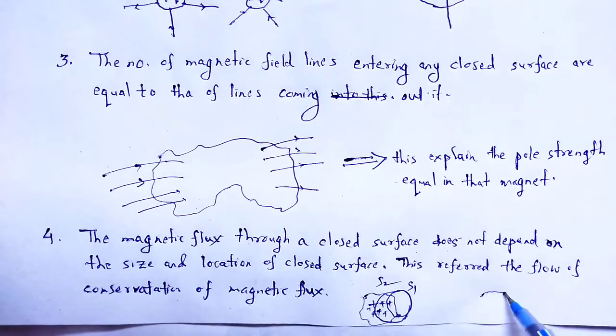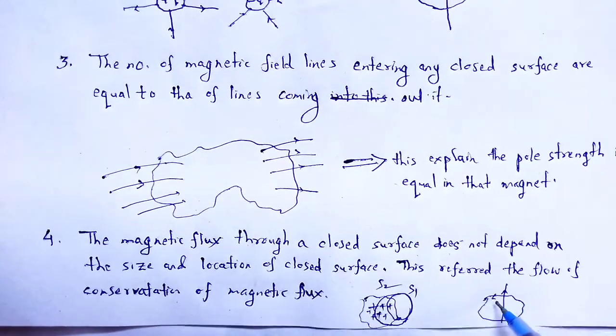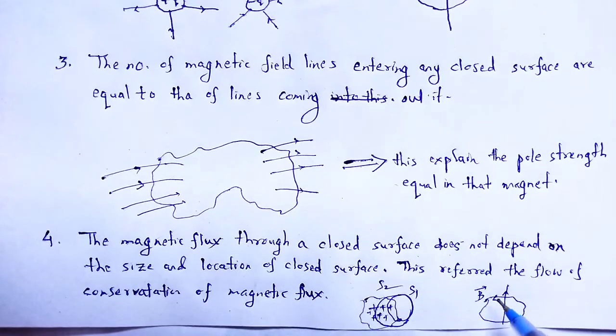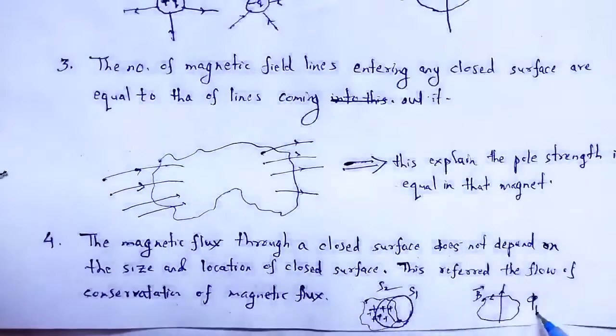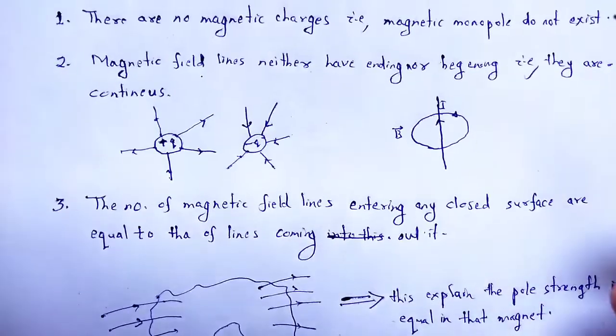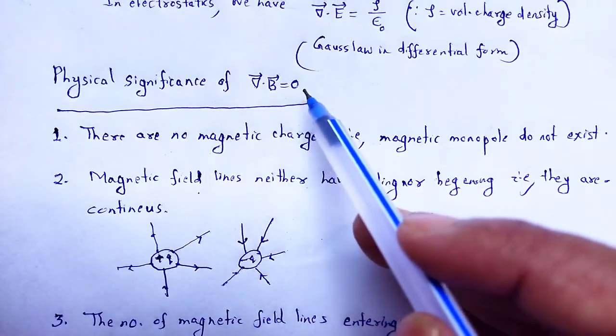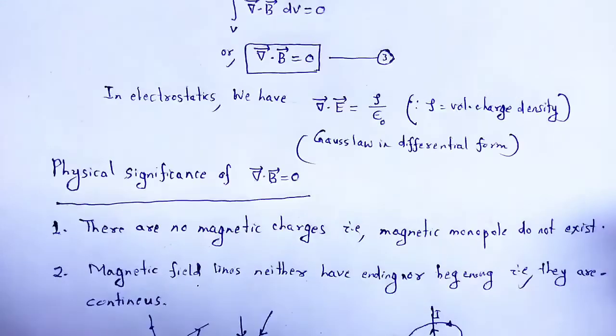But in case of magnetic field lines, the flux associated with a closed surface is independent of the size of the surface and its location. Here the magnetic flux is always 0, as the magnetic field lines are continuous. These are some basic properties of the equation grad dot B is equal to 0.